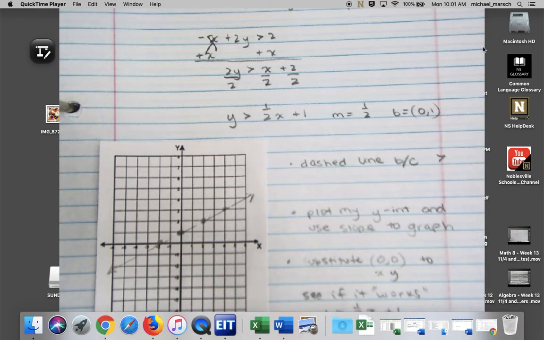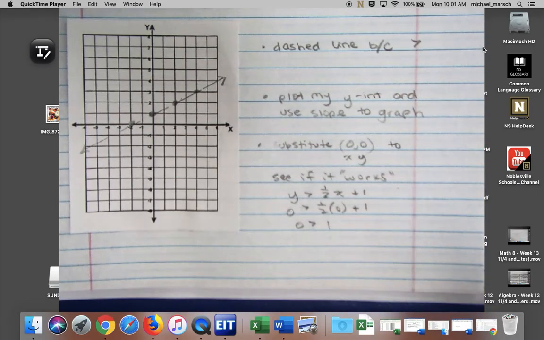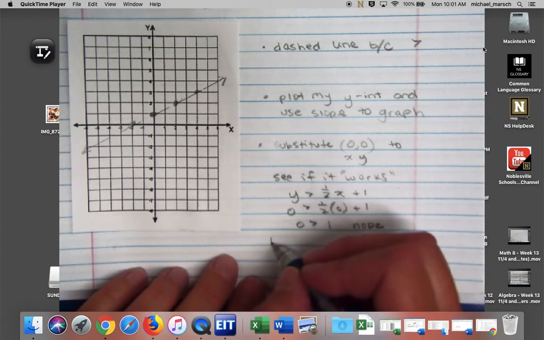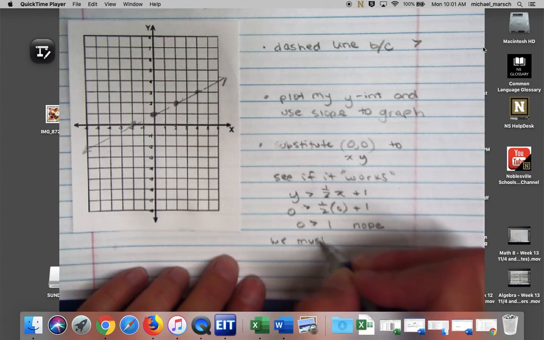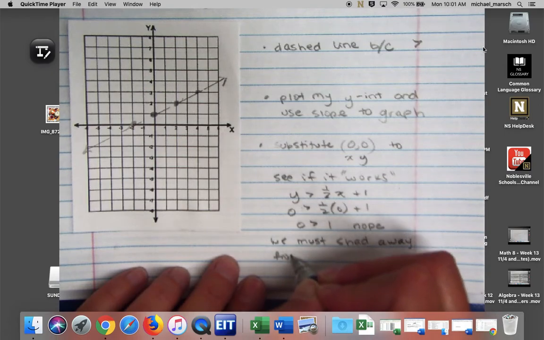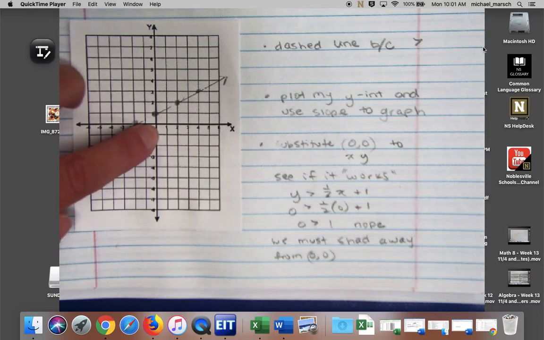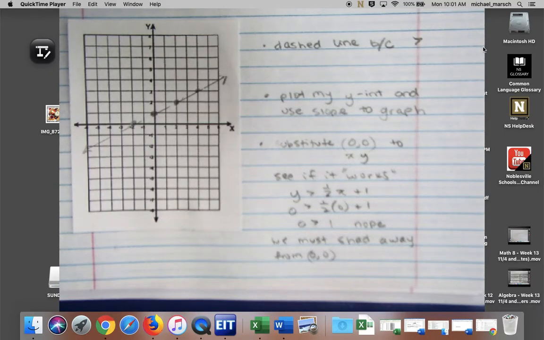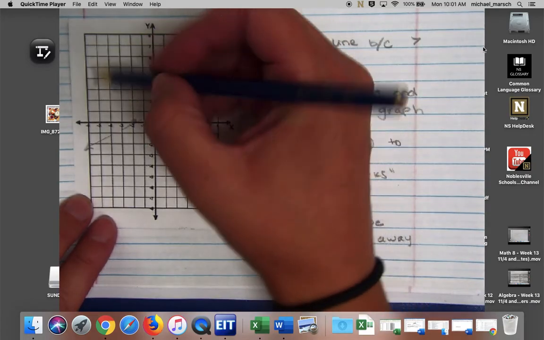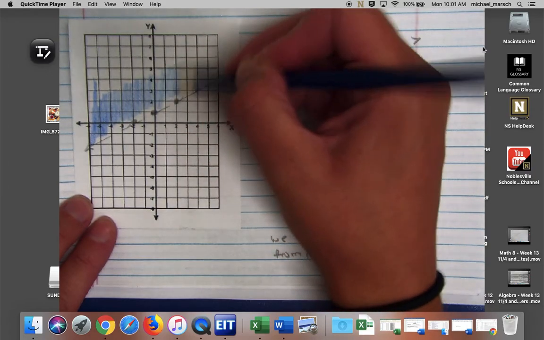Okay, so is 0 greater than 1? Hopefully at this point in your math career you can easily say nope. So that tells us we must shade away from (0, 0). That tells us (0, 0) doesn't work in the inequality. So if it doesn't work, it can't be a solution, which means everything above this would work. So that's how we know to shade above.